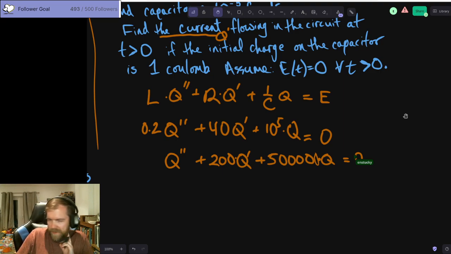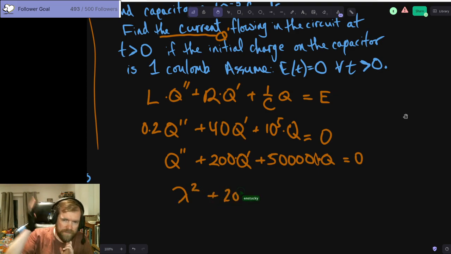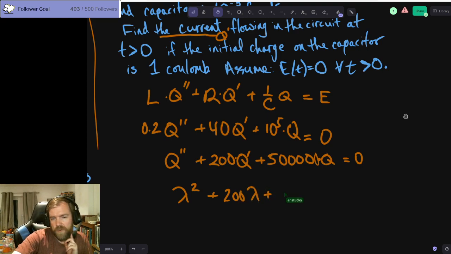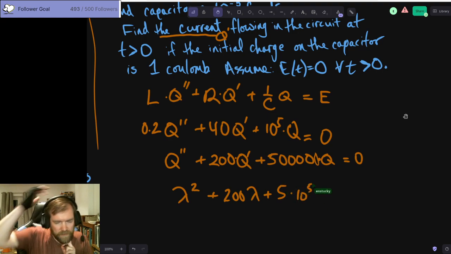Yeah, 500,000 would have to have the same signs, given that the 500,000 is positive, and then to have a number as small as 200 as the sum of those two numbers.